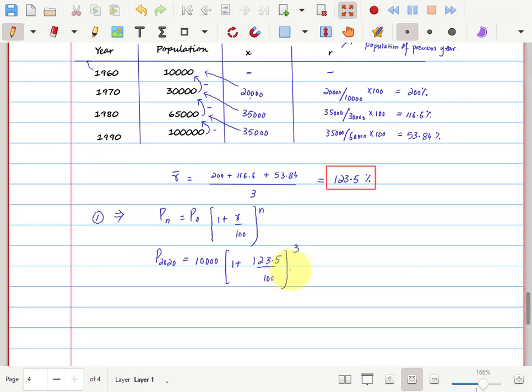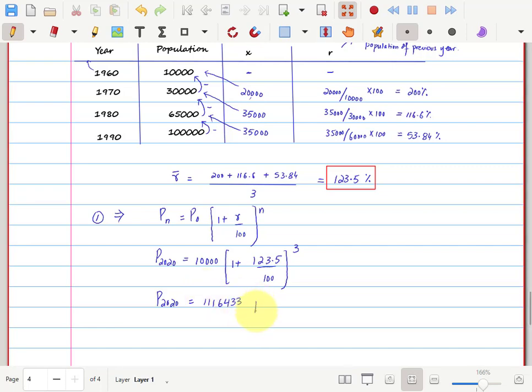Just put all these values in the calculator and find out the population for 2020 using geometric method, which is going to be 1116433.